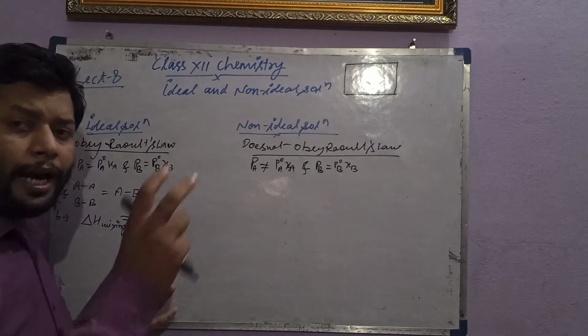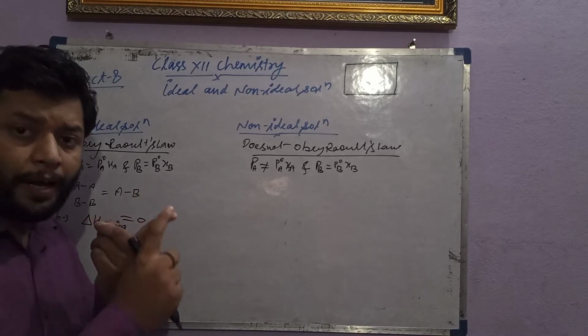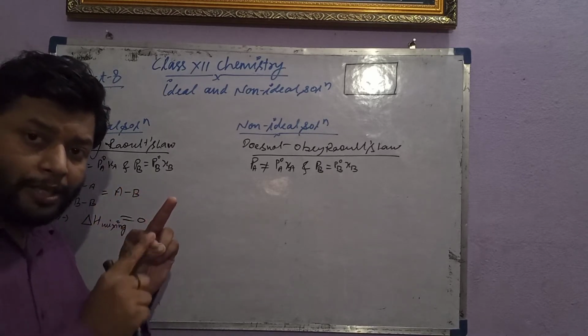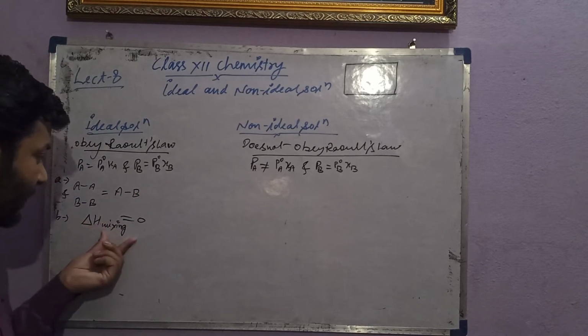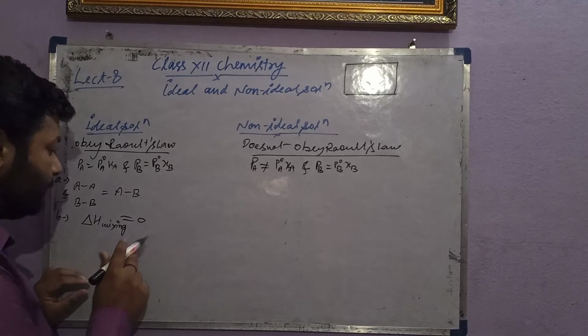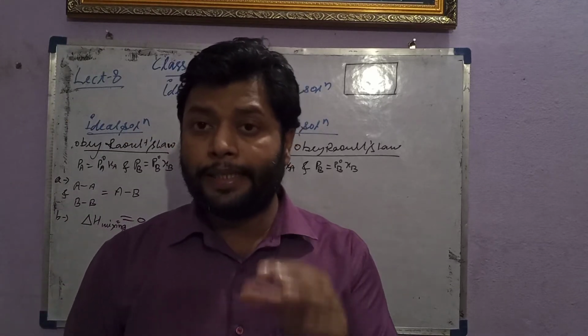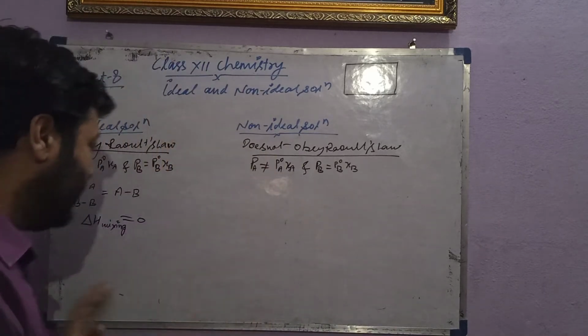So no net attraction, no net repulsion will be there. So no bond formation, no bond breakdown, and when there is no bond formation or breakdown, delta H mixing will be 0, meaning neither heat is evolved nor heat absorbed during the mixing of the components.